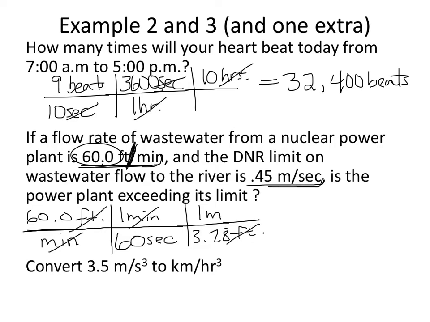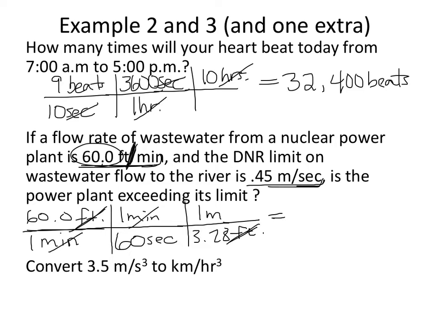And notice, again, I have to make sure the feet, because it started up here, I put it down here. And so when I go 60.0 times 1 divided by 1 divided by 60 divided by 3.28, you'll have your answer.